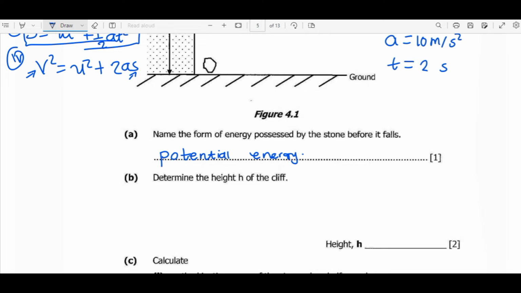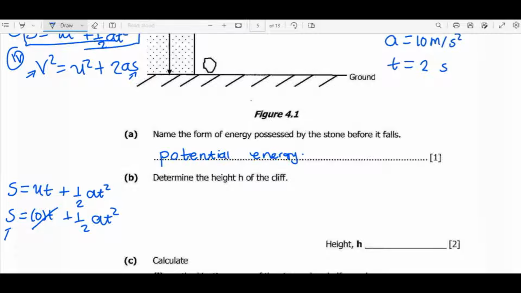Now let's see if we can summarize our formula. So we know that s is equal to ut plus half at squared. Now whenever you are looking at a free fall object, we know that the initial is always 0. So let's substitute 0 times t plus half at squared. So this one must be cancelled.